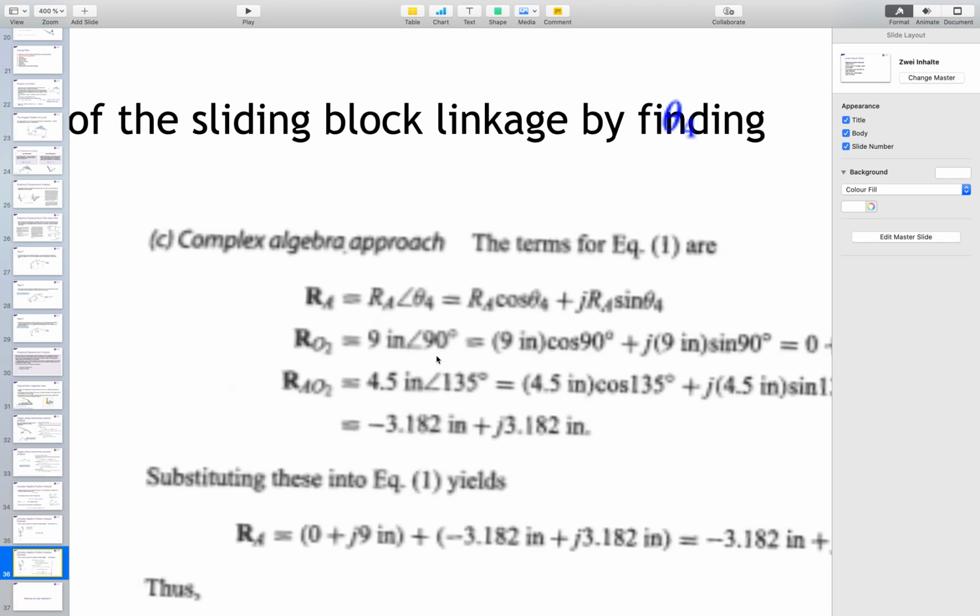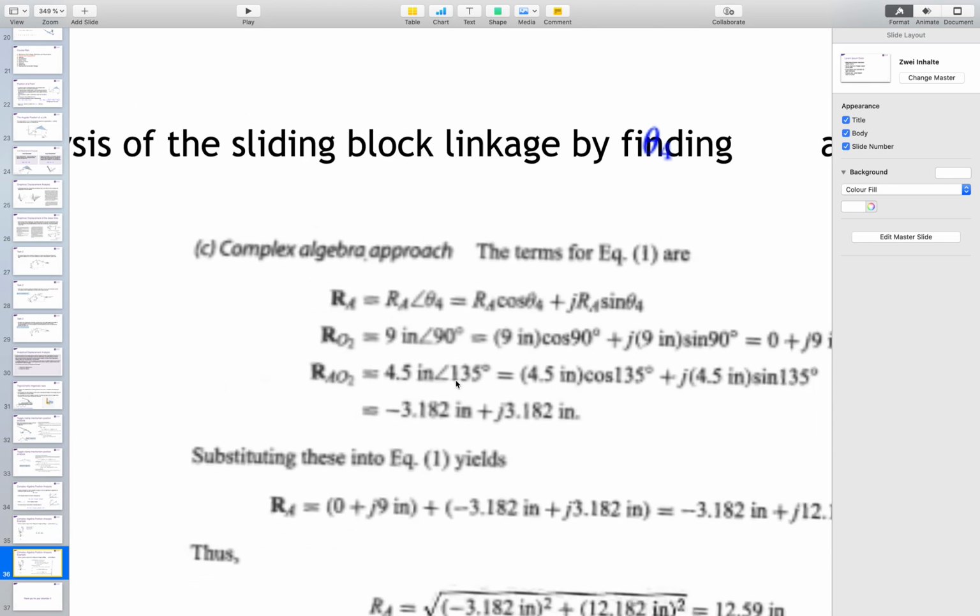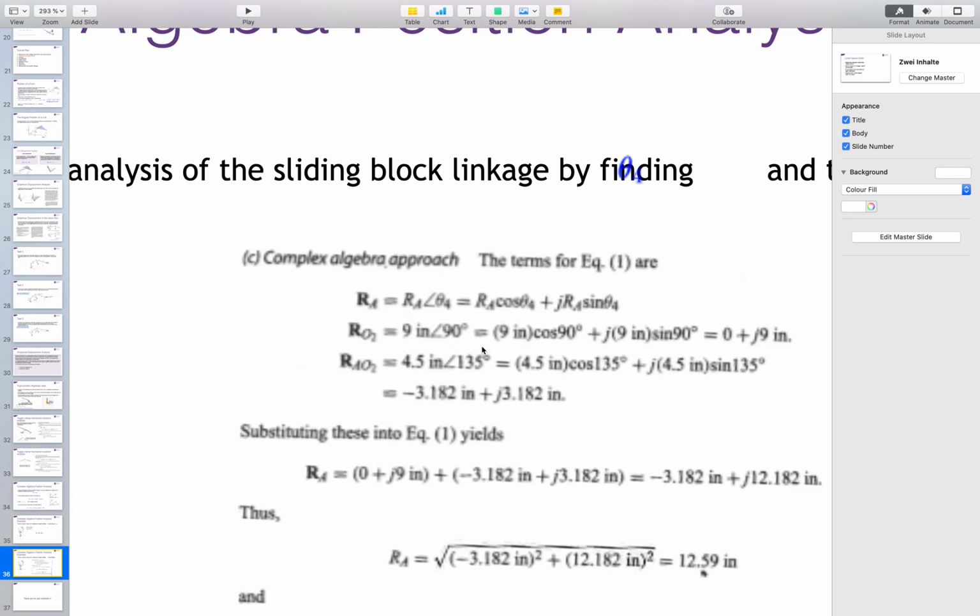As I said, both are known, and here both are known. Okay, so for RO2, we know that in the complex space it has a 0 in the real part and 9 in the imaginary part or dimension, and for RAO2 it has -3 in the real part, the x-axis basically, and here 3.182 in the imaginary part.